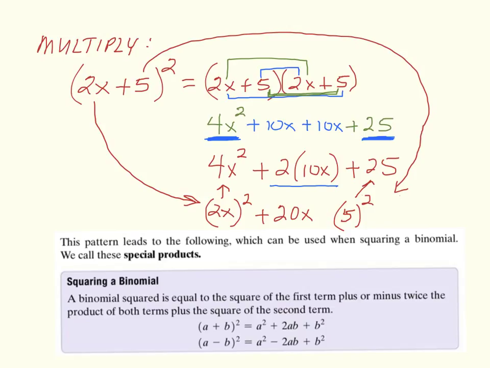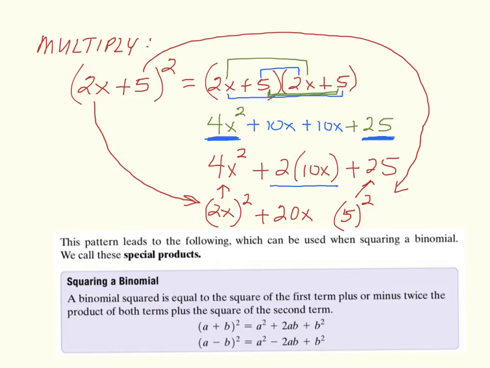It's a. To square it, you multiply a times a. First term, square it. Last term, you square it. b squared gives you the last term. The middle term takes a times b. This a times this b times 2. 2 times a times b.